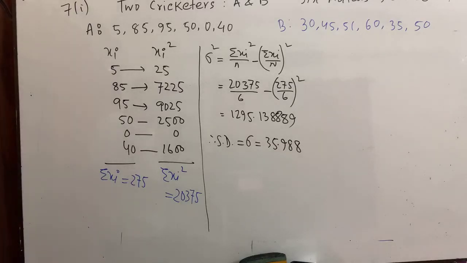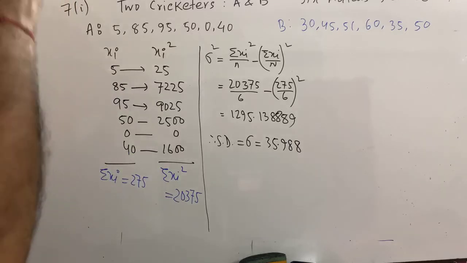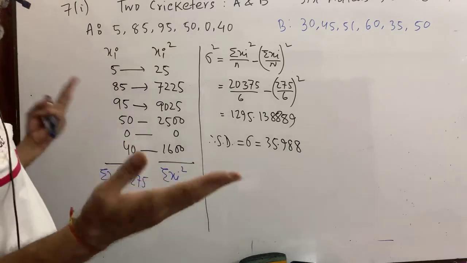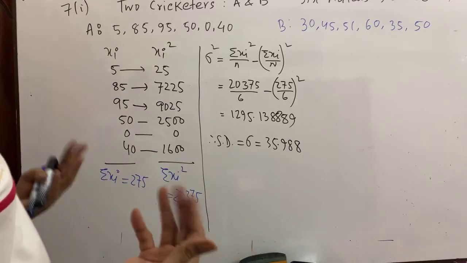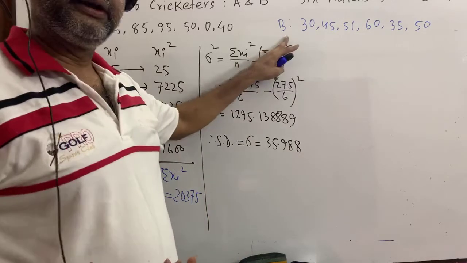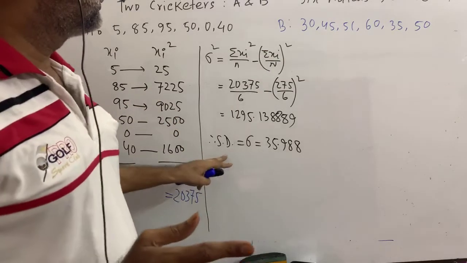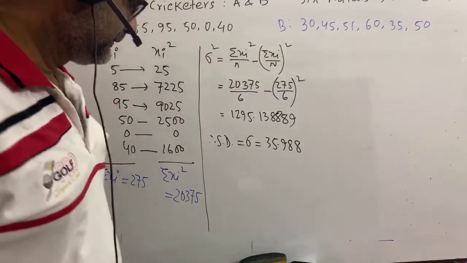I think you have got it: 35.98. Now I am going to determine the standard deviation of B.